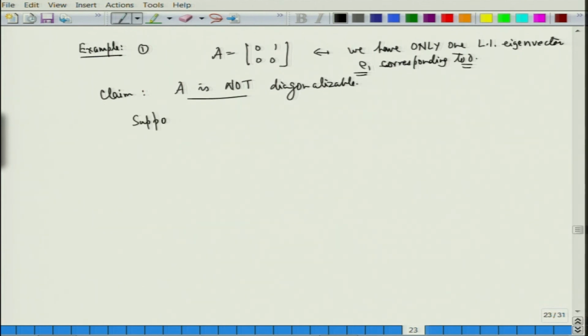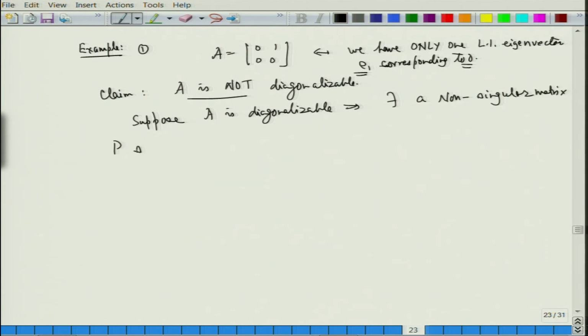This implies there exists a non-singular matrix P such that P inverse AP is diagonal. Now this diagonal matrix and A are similar matrices, so they are supposed to have the same eigenvalues.